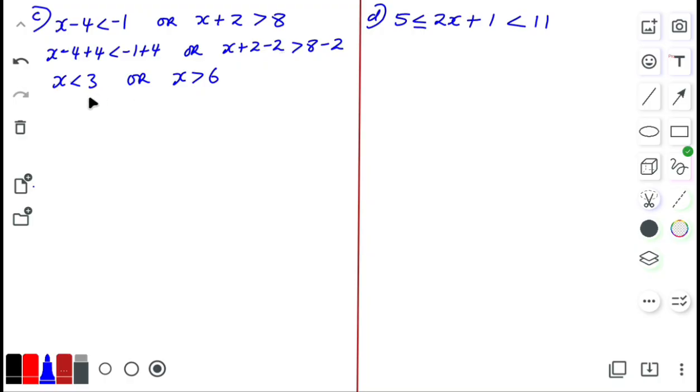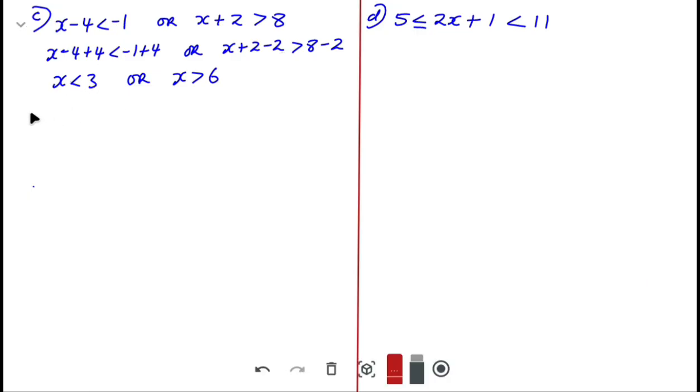So to consider the possible integers of these two solutions, only one of these inequalities needs to be true. So if x is less than 3, the possible integers are 2, 1, 0, minus 1, minus 2, to infinity.